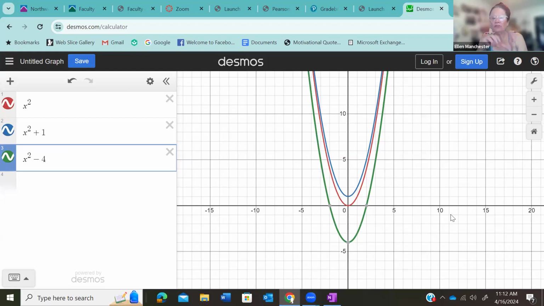So in this antiderivative technique, we don't know which of these three functions it is, but we know in general the derivative is 2x on all of these. Keep that in mind as we go through these problems.